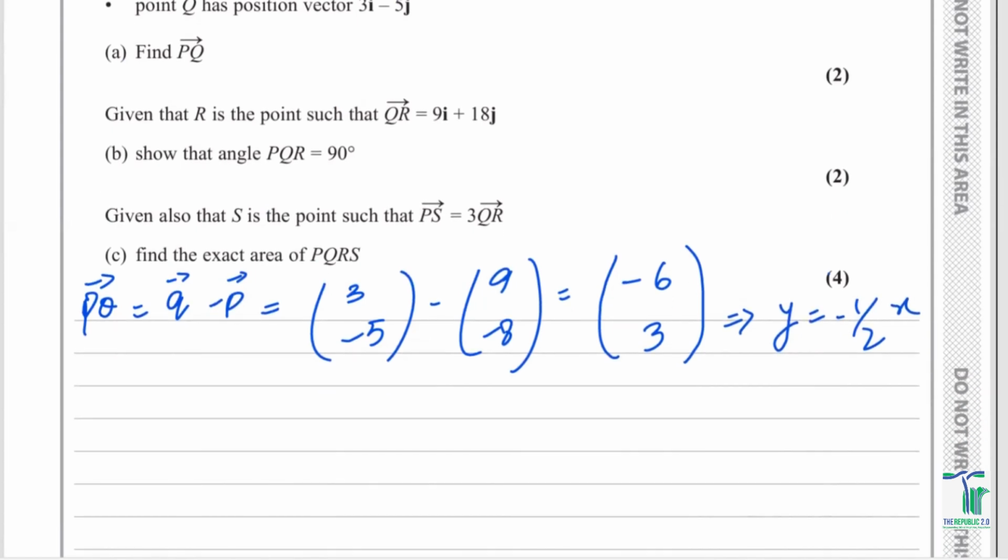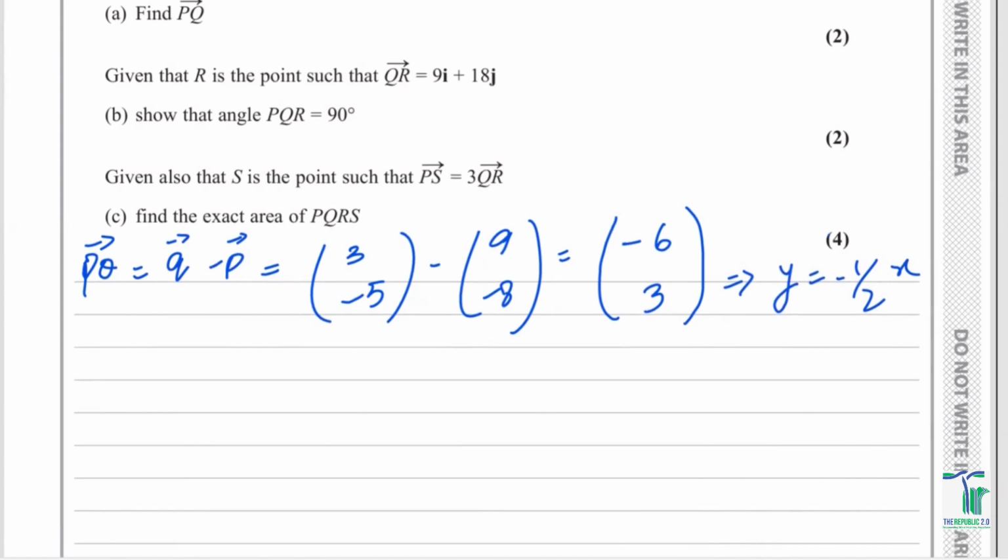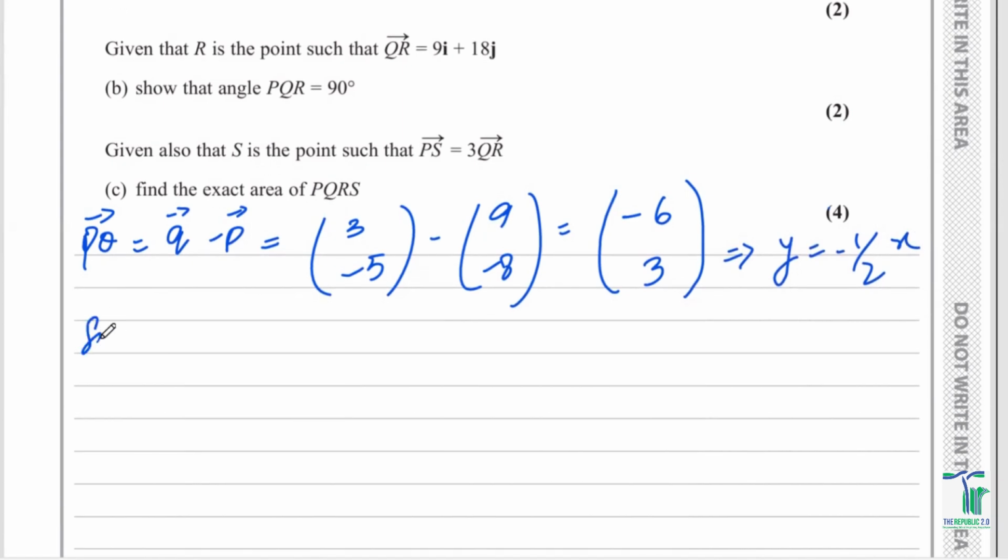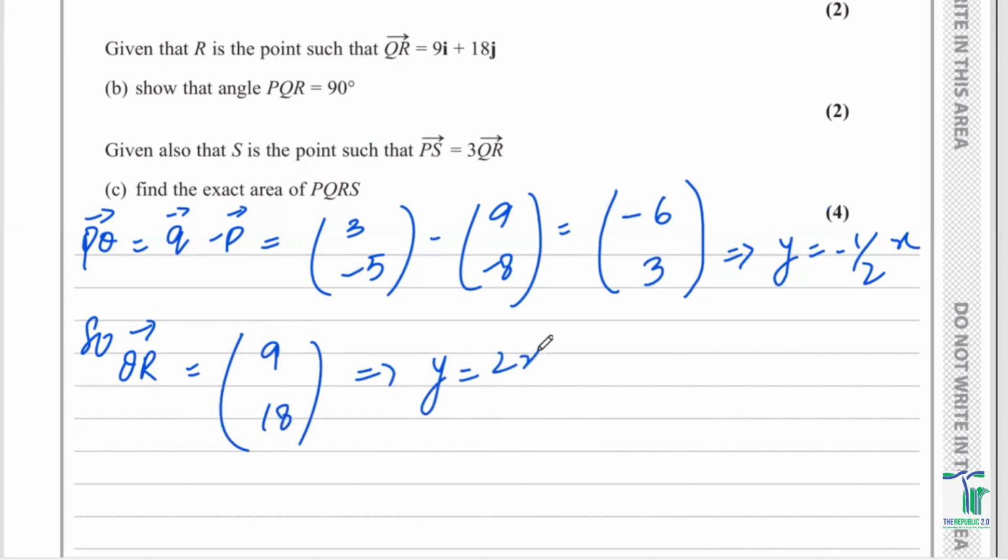Given that R is the point such that QR is 9i plus 18j, right? So we've got QR, and QR is basically 9 and 18, right? So if you're going to get the equation from 9 and 18, it would just be y is equal to 18 upon 9, 2x, right? So we need to show that angle PQR is 90 degrees.